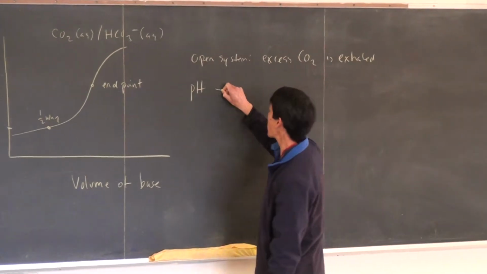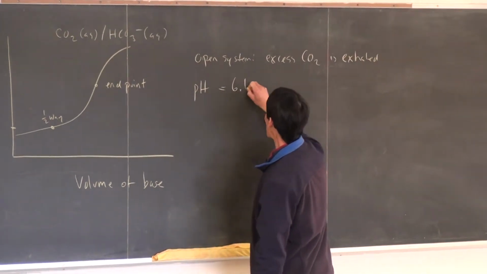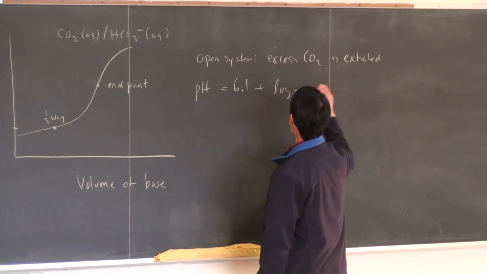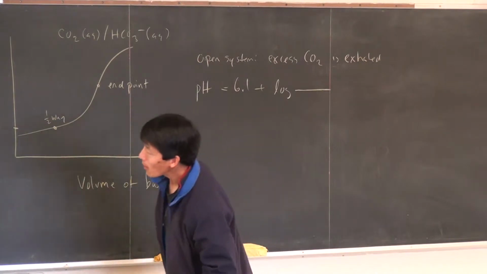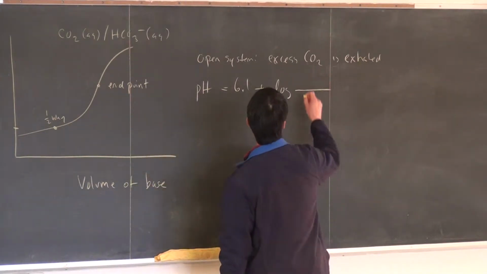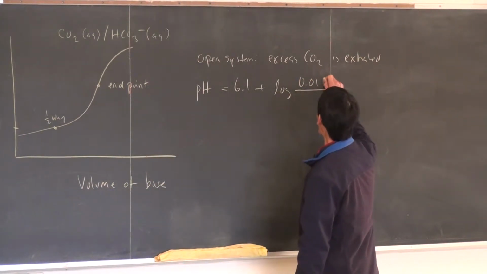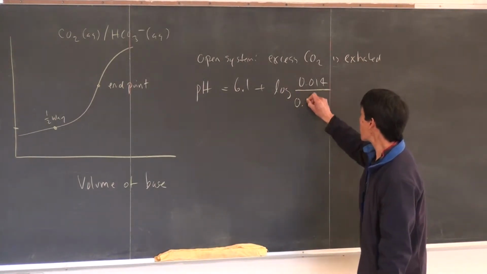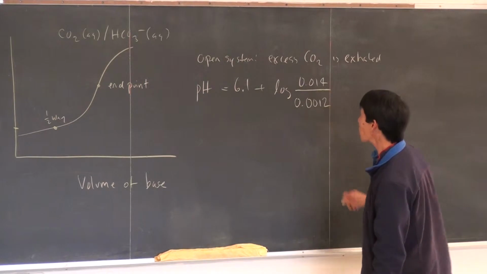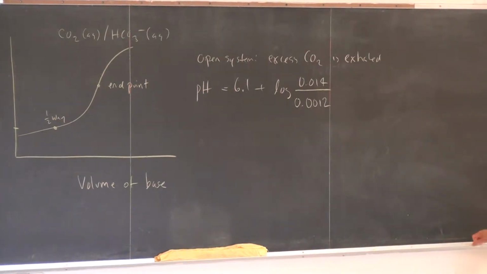Okay, so the pH is equal to 6.1 plus the log of HCO3 minus, and that's going to equal 0.014. And then for the CO2, this is the initial amount, which is the 0.0012. So if we do this calculation here, what is the pH based on the open system?